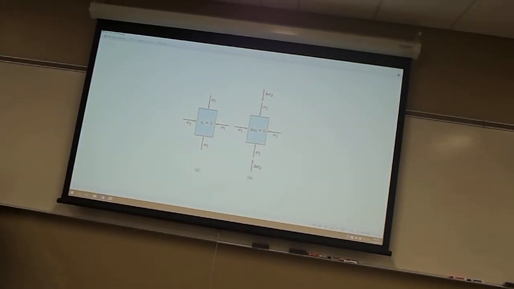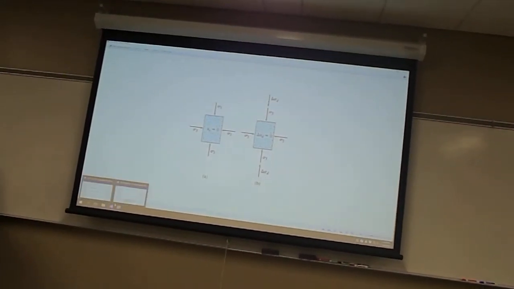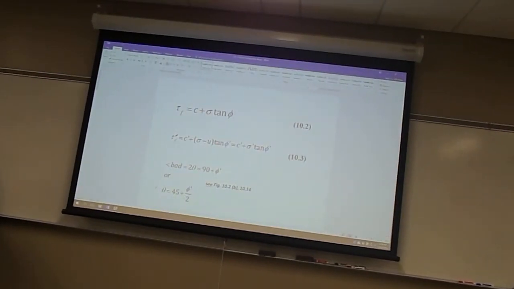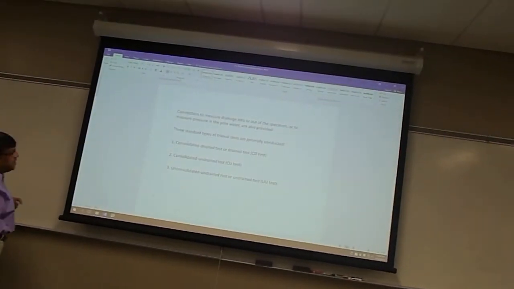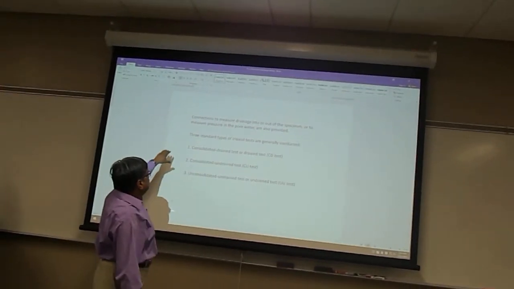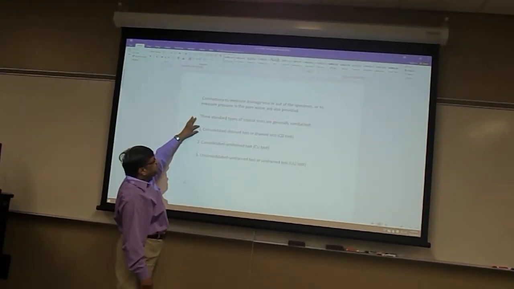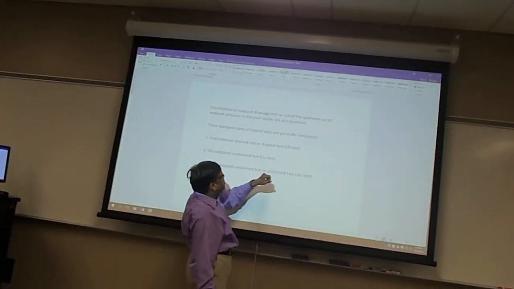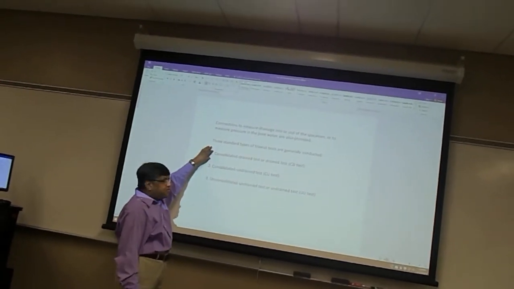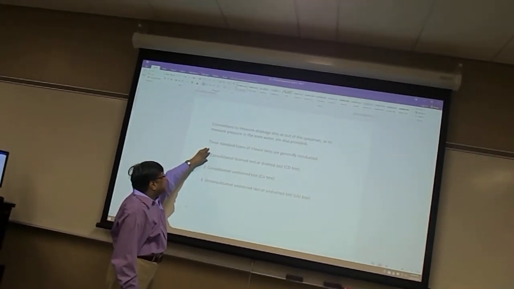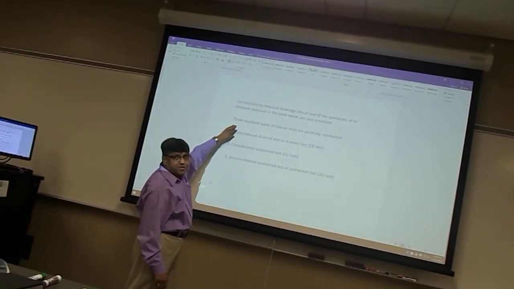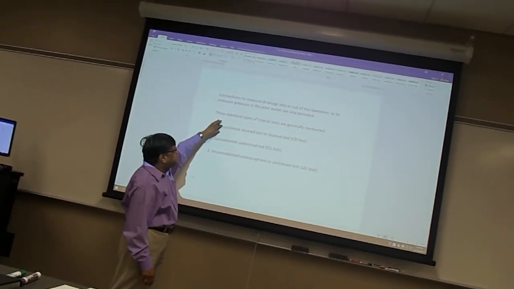There are 3 types of triaxial shear tests which are listed here in the Word file. Consolidated drained test, known as CD test or slow test. This is relevant to certain types of situations at projects.